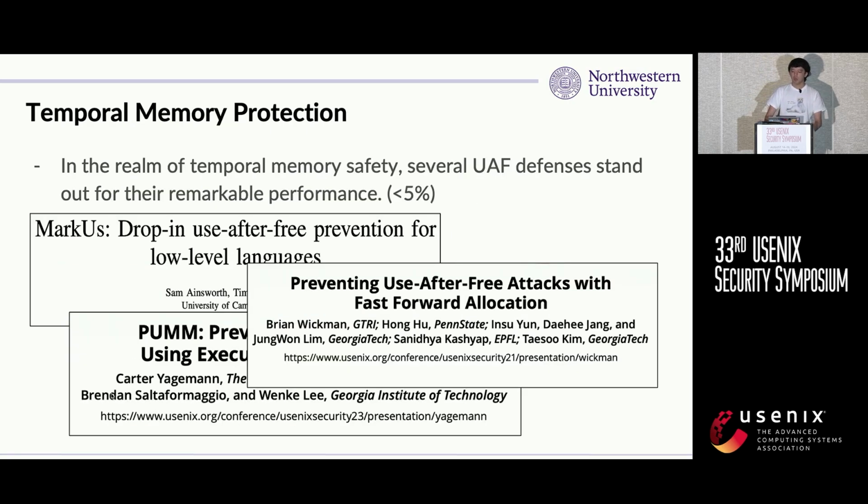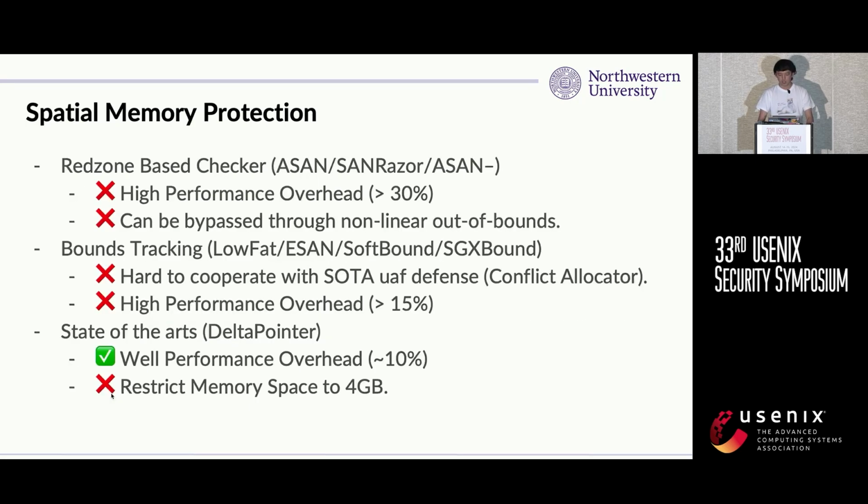While many prior works focus on developing UAF defenses, several stand out for their remarkable performance overhead of less than 5%, such as MarkUS, FFMalloc, and PUMM. However, many spatial memory protection methods have weaknesses.